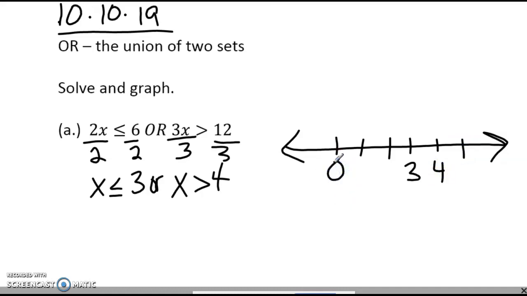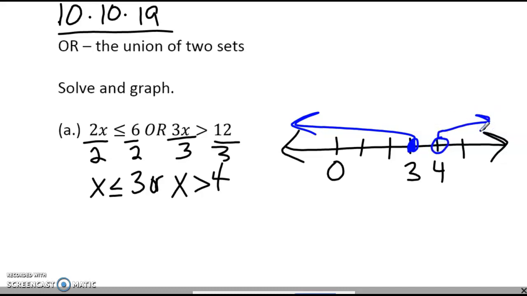So x is less than or equal to 3 means we will have a filled in circle at 3. And less than means going to the left. And then x greater than 4 means open circle at 4 and everything to the right.